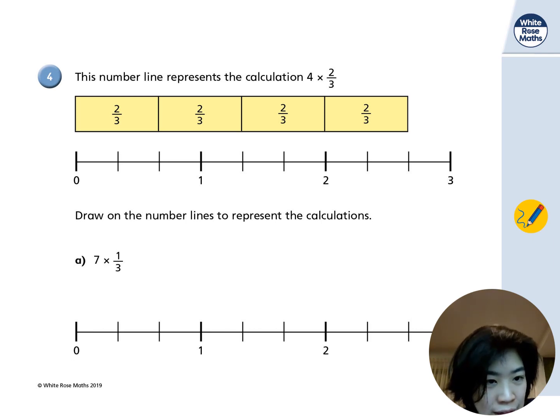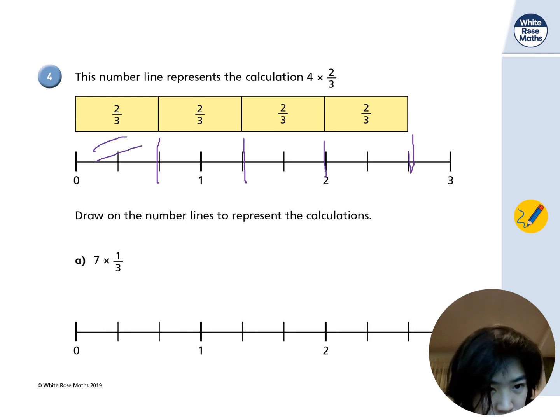We have the line 1, 2, 3, 3 blocks, 3 separate parts in one big line, right? That means if we say it's 2/3 times 4, let's count together. This is 2/3. 1, 2, 3, and 4.